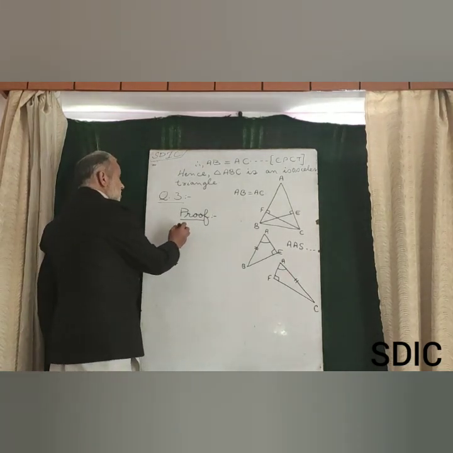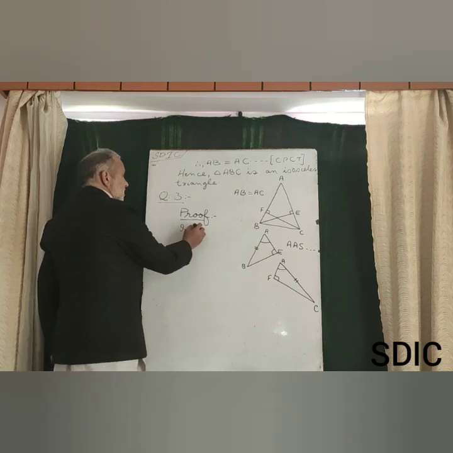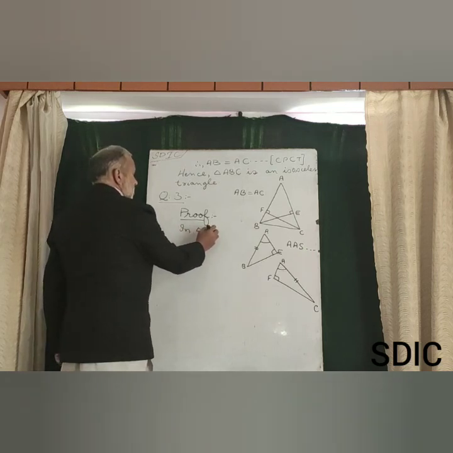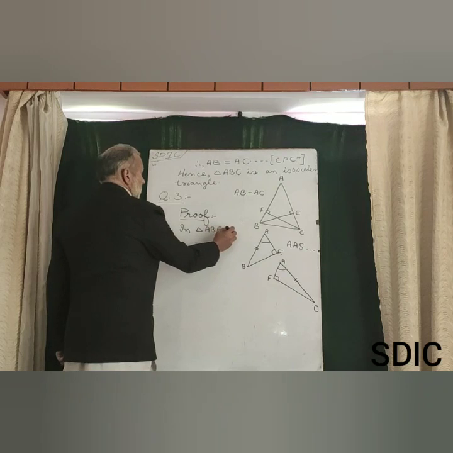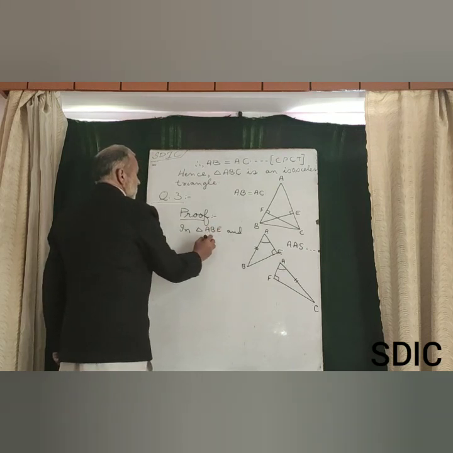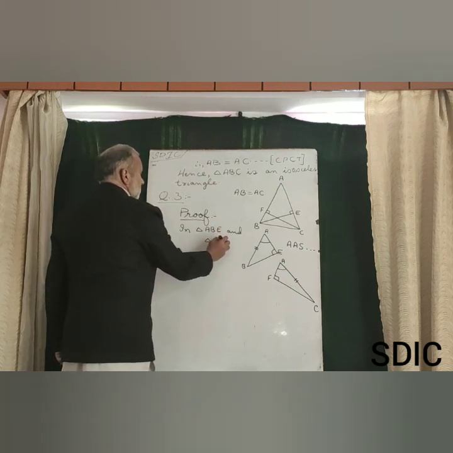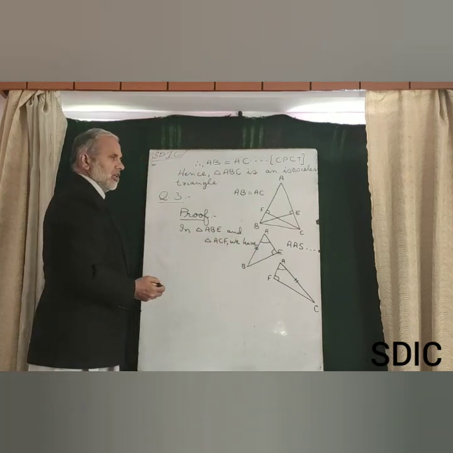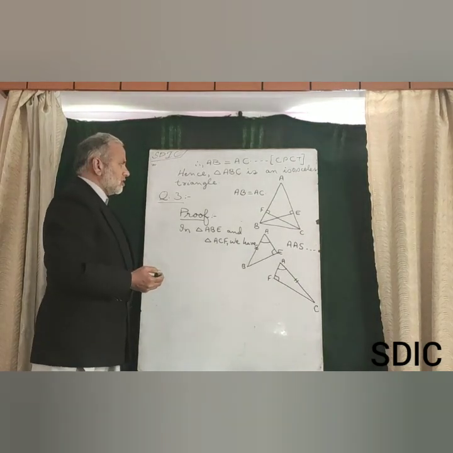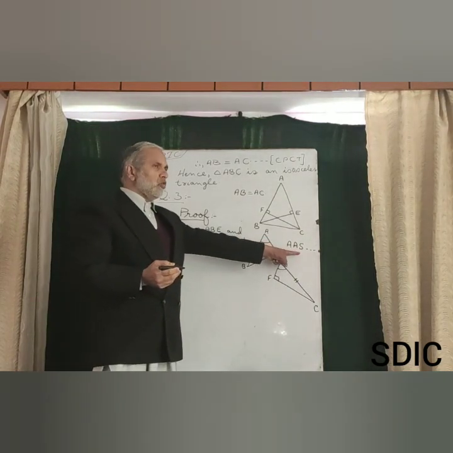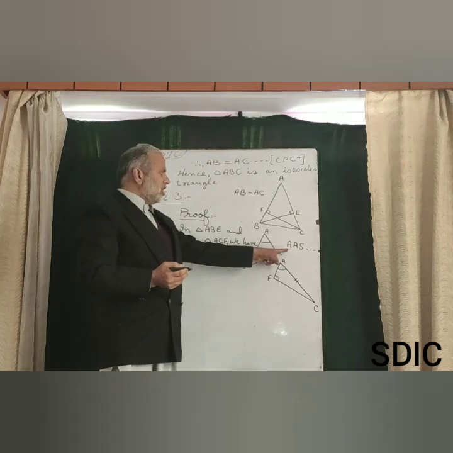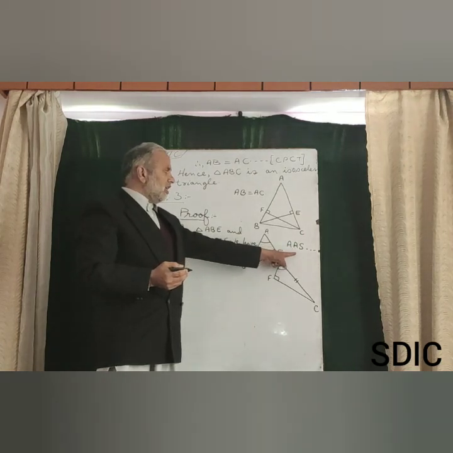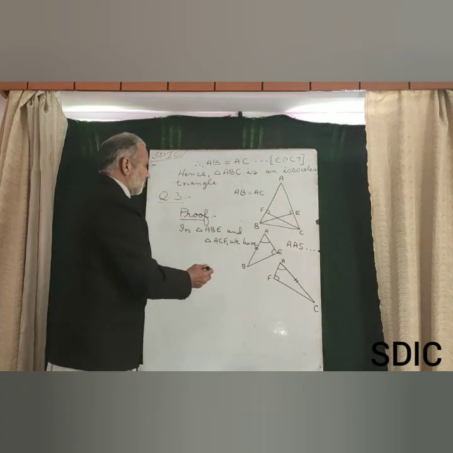We'll begin with considering the two triangles as in the previous question. In triangle ABE and triangle ACF, we have, writing in sequence the 3 points for the AAS congruency rule. We'll first write angle, then another angle, then the side.